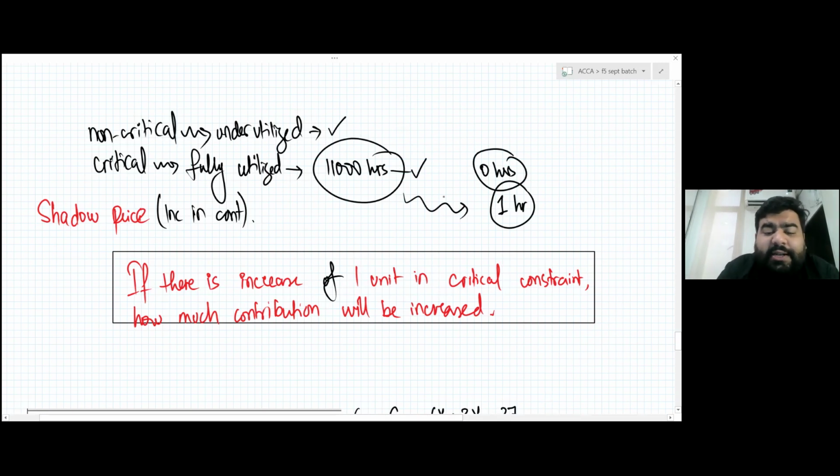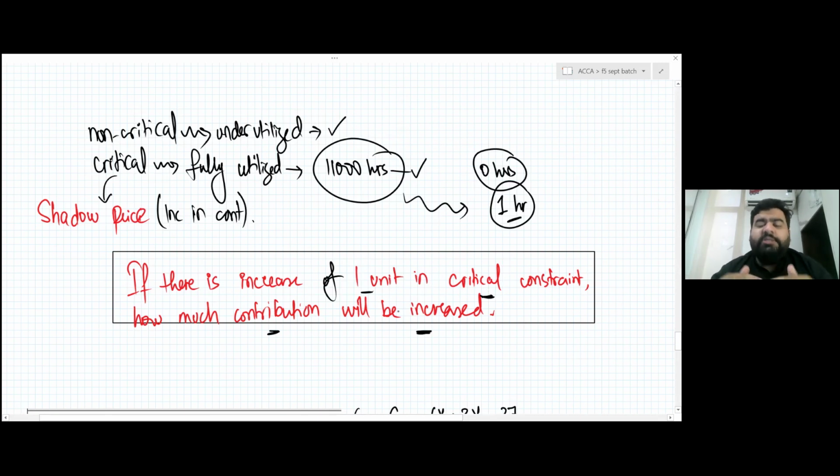Relate this critical constraint concept to shadow price. If there is an increase of 1 unit in a critical constraint, where 1 unit could be 1 hour or something else depending upon the resource, how much will the contribution increase?